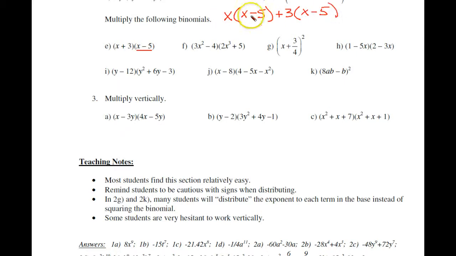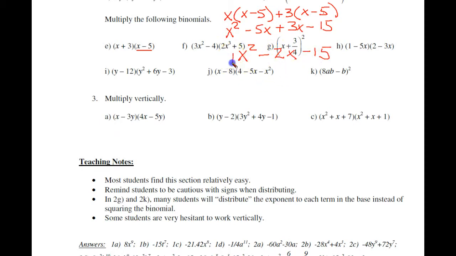So we just distribute like we did before. x squared minus 5x plus 3x minus 15. Now we have two like terms in the middle, so we then join those. This gives us x squared minus 2x minus 15.